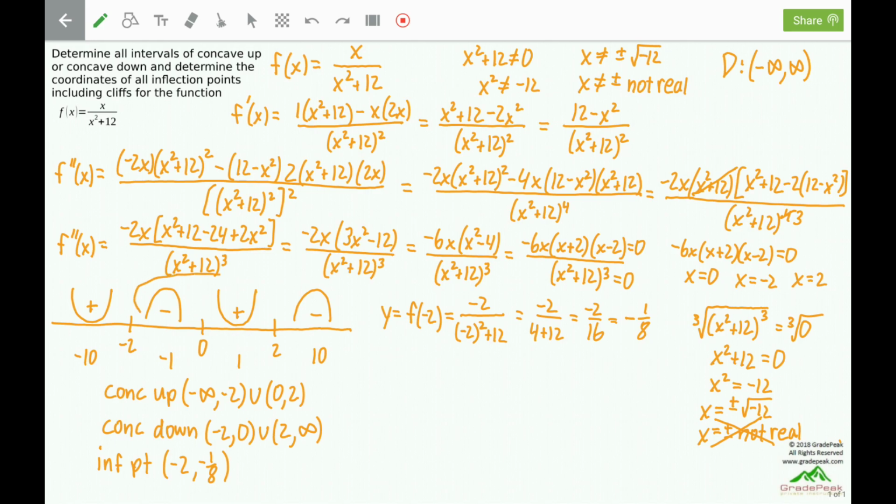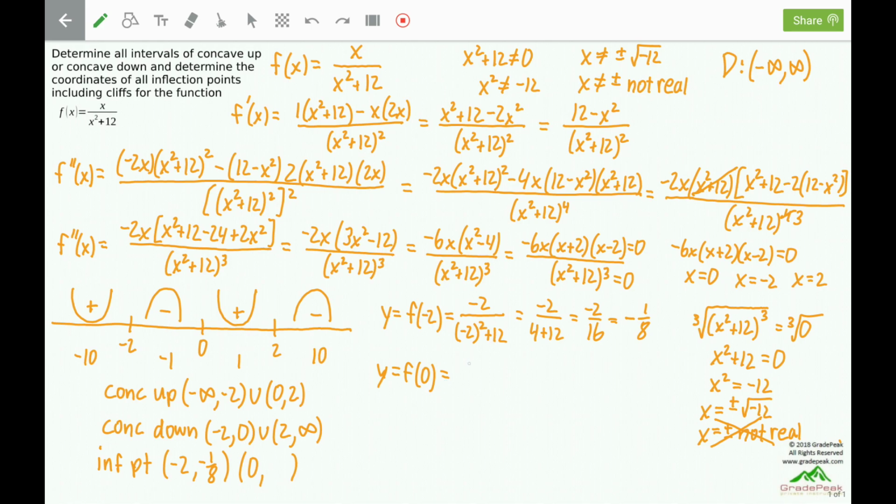Right at the candidate number of x equals 0, we have the concavity changing from concave down to concave up. So x equals 0 will also be an inflection point. And it'll have some corresponding y-coordinate, which can be found by plugging the x-coordinate back into the original function. So y will equal f of 0.